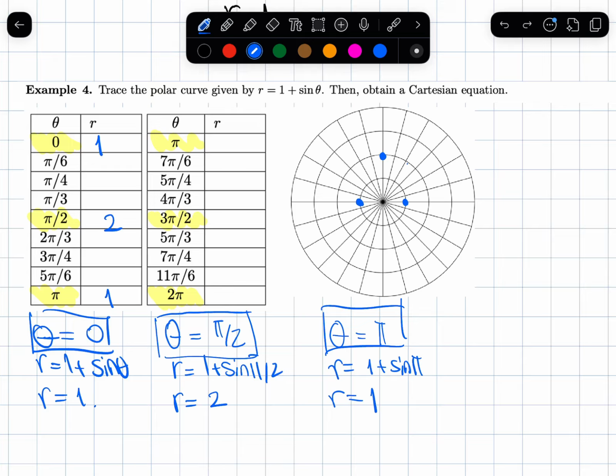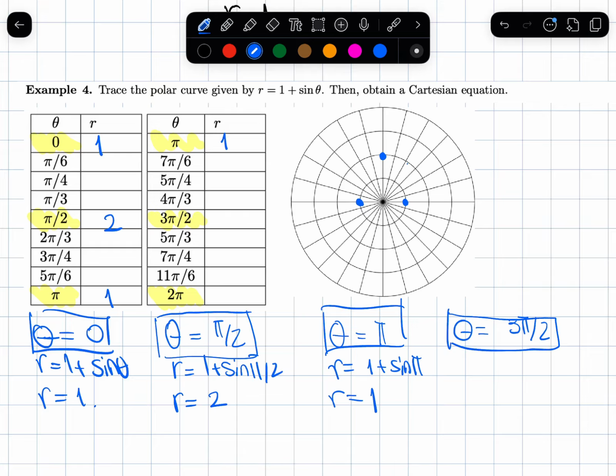And then next, I'm going to see what happens at 3 pi over 2. I have 2 pi's in here just to make the tables have the same size. Each of the 2 tables gives me half of the curve, or half of the polar plane. But I have 2 pi's, so I don't have to do that calculation again. Now I'm going to do 3 pi over 2 for theta.